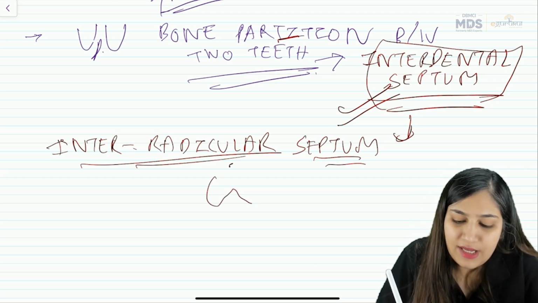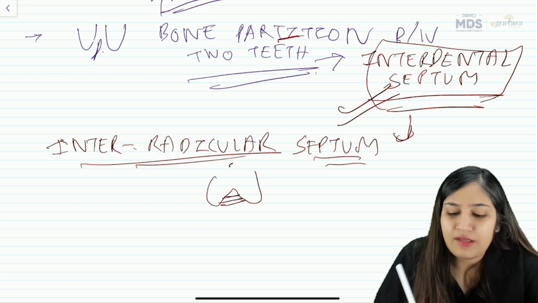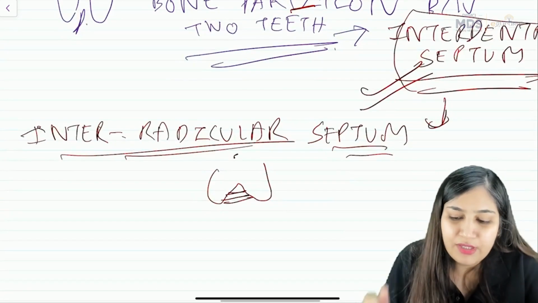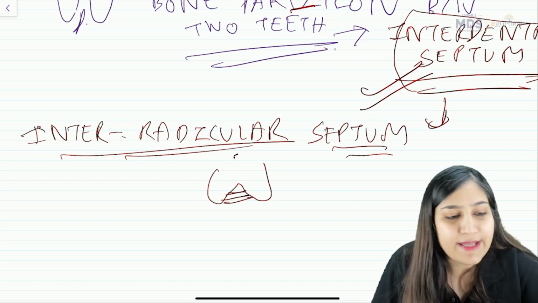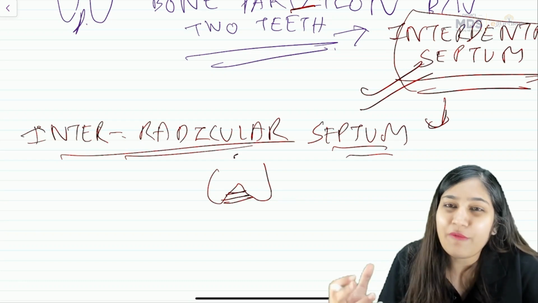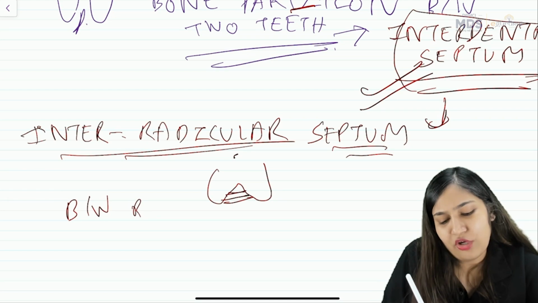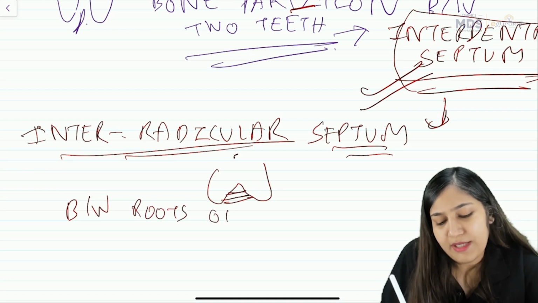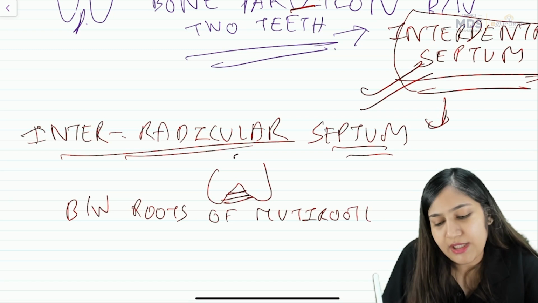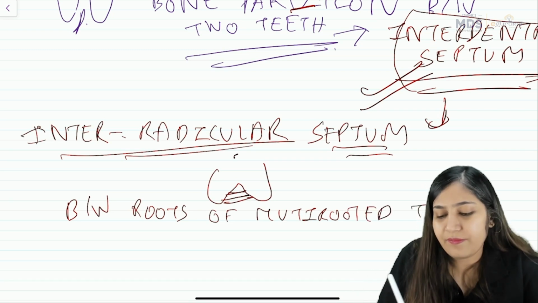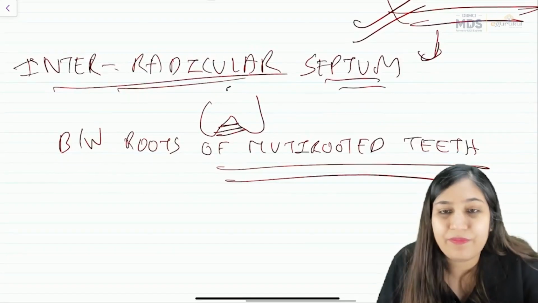So these are the roots here. The interradicular septum is mainly made up of cribriform plate and is present between roots of multi-rooted teeth such as molars and premolars.